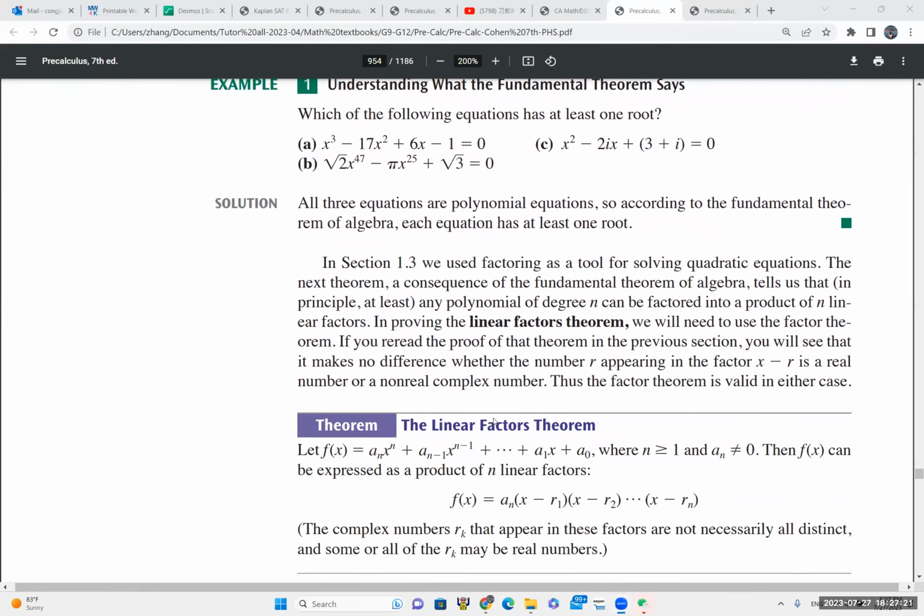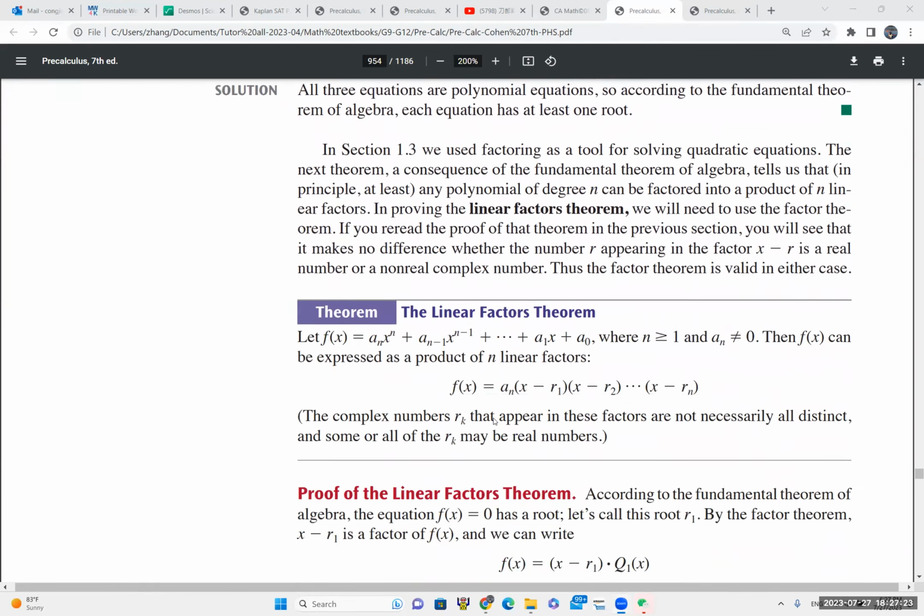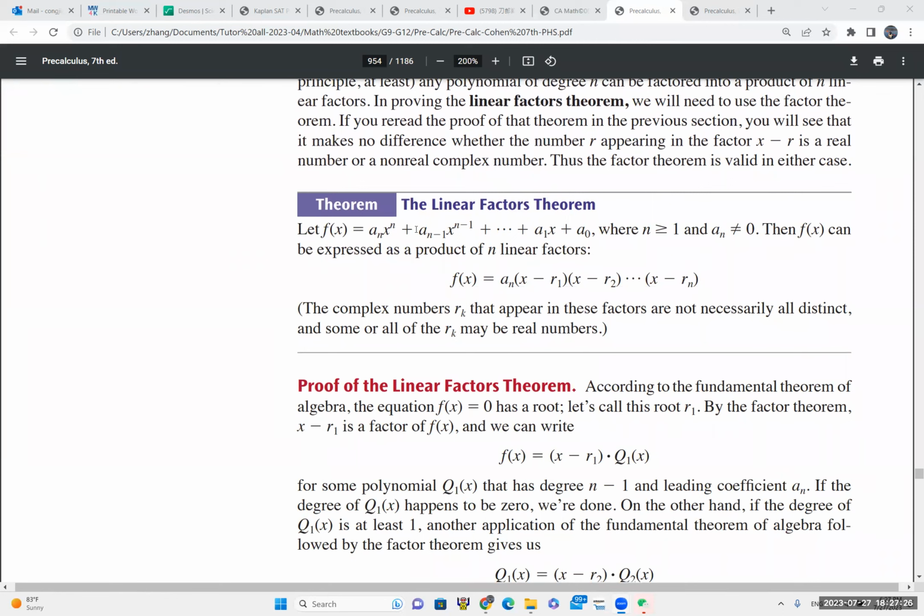I suppose there are more theorems. The linear factor theorem: a polynomial can be expressed as a product of n linear factors.